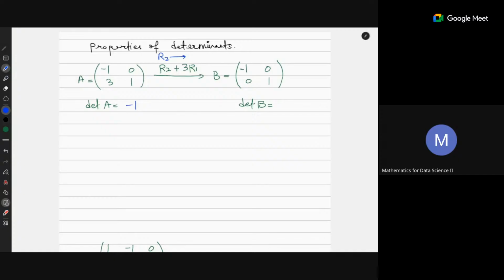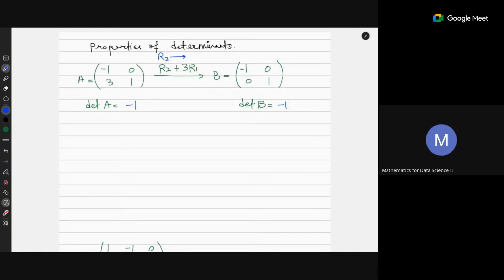The second entry will be 1 minus 0, so 1. So what is the determinant of B? The determinant of B is -1. So what you can see here is that adding a multiple of a row to another row does not change the determinant of the matrix.